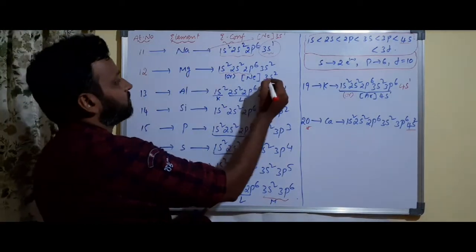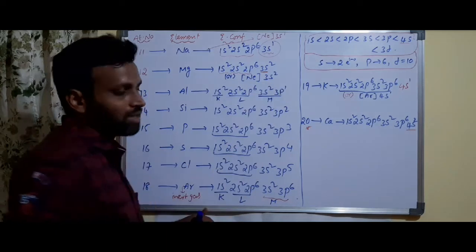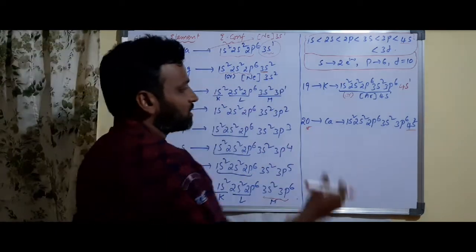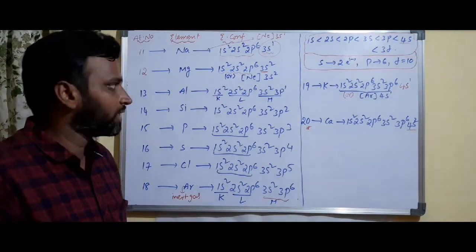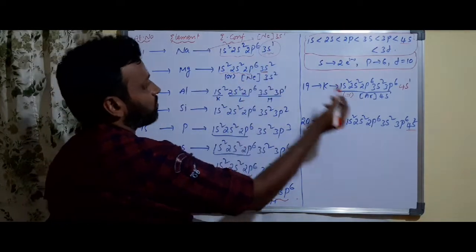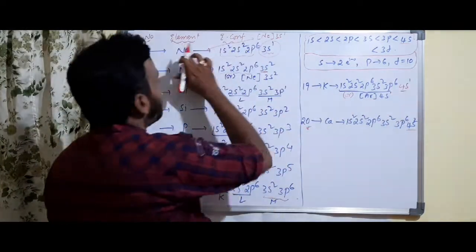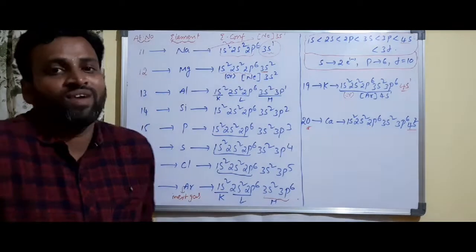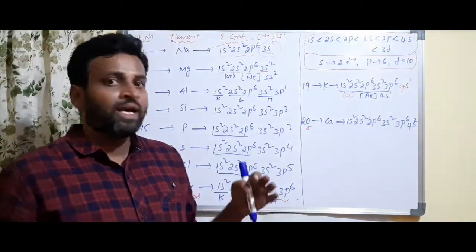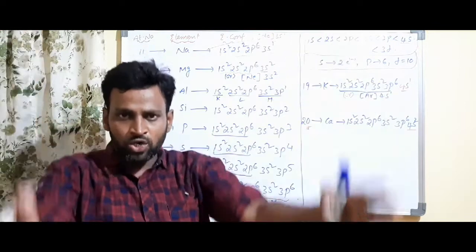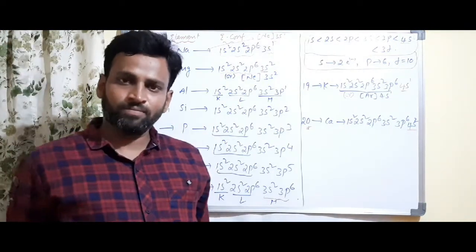See, magnesium 3s2, 3s was completely filled. So magnesium and calcium come under the same group. Like that also you can identify. See, sodium 3s1, potassium 4s1. So sodium and potassium come under one family. If the configuration in the last shell is the same, they are called one group, one family.